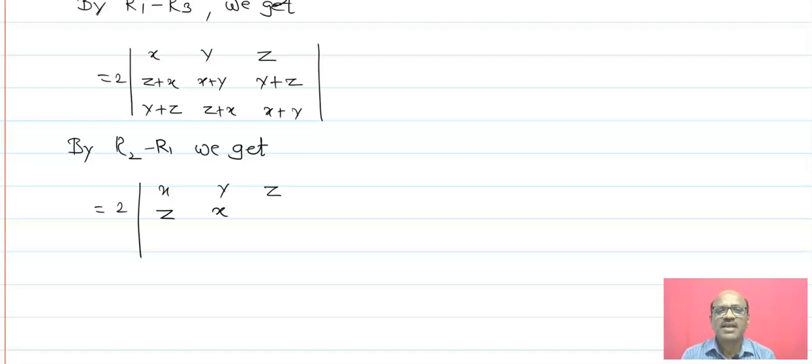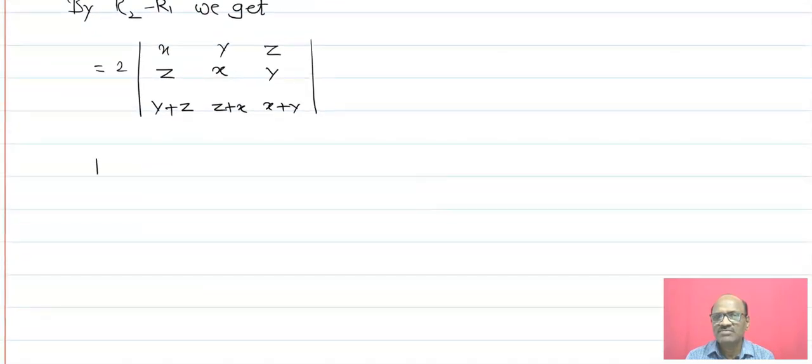Now next is by R2 minus R1 we get R2 minus R1, that is first row is x, y, z, second row is z, x, y, and third is y plus z, z plus x, and x plus y.